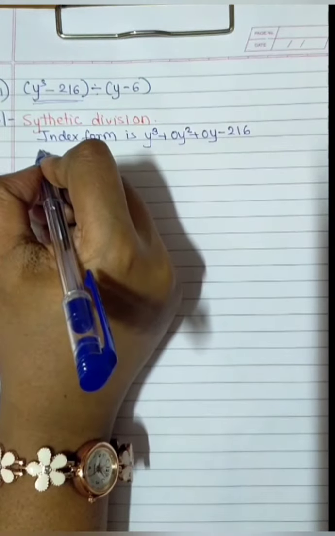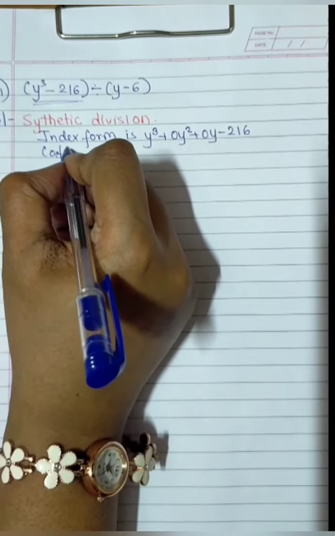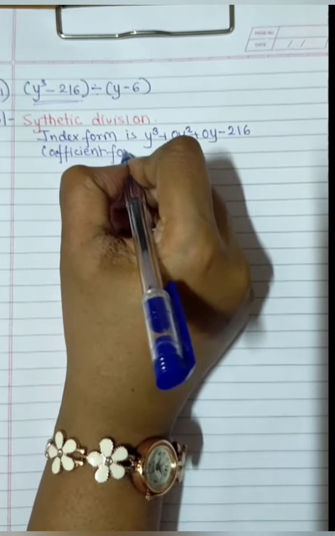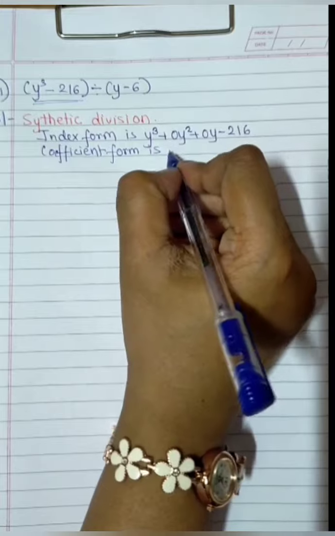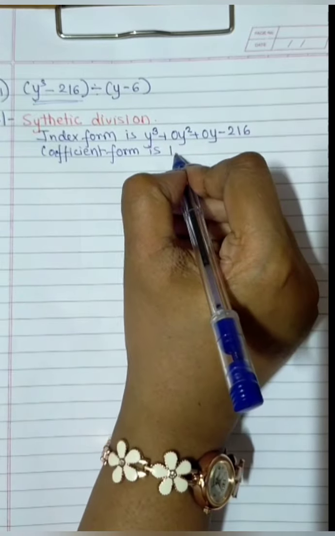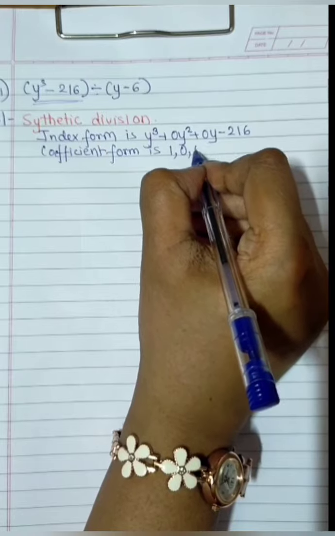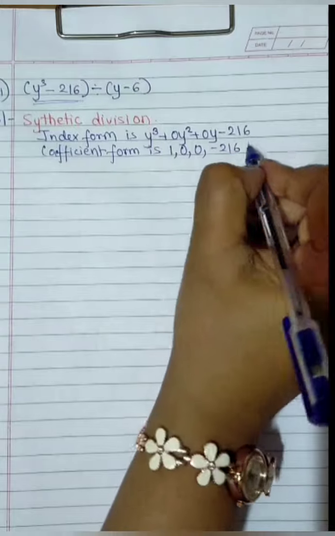Now coefficient form is, as you can see, the first one is 1, the second one is 0, the third one is 0, again minus 216. This is the coefficient form.